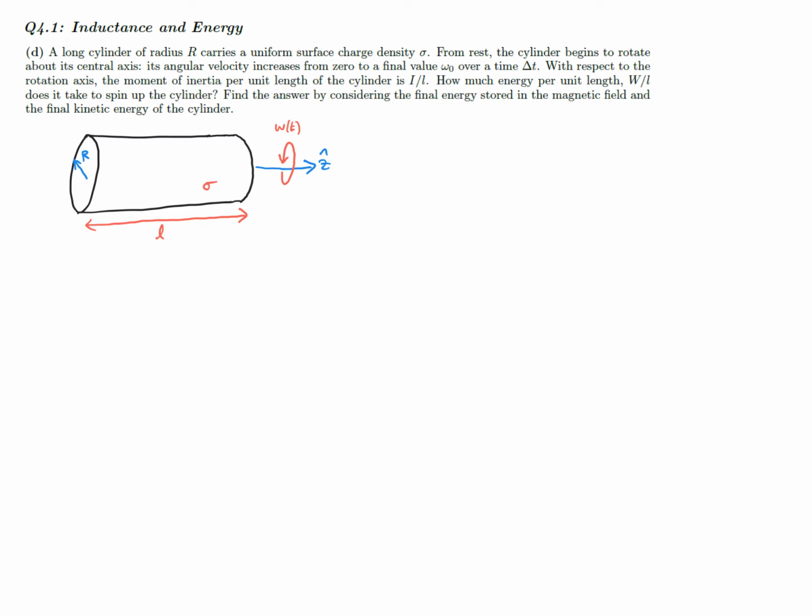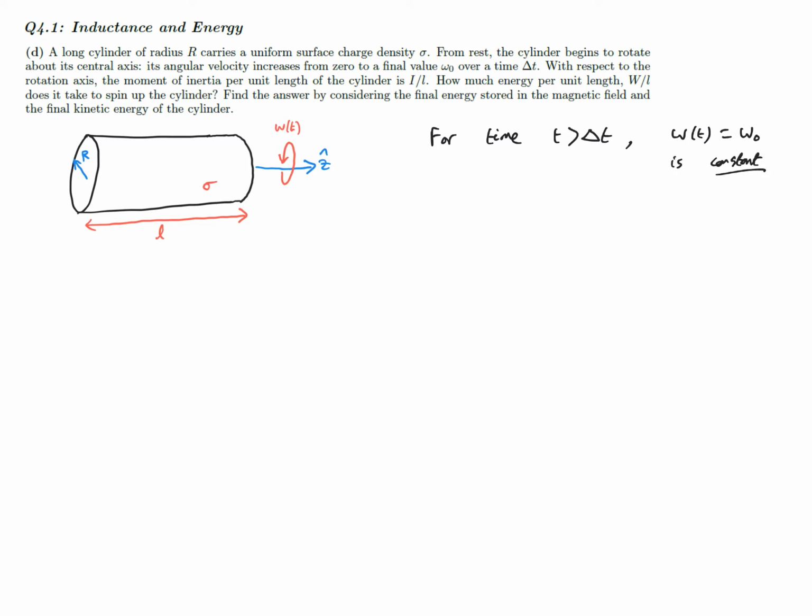In particular, though, we know that for time t greater than delta t, omega of t is equal to its final value, omega naught, is constant.